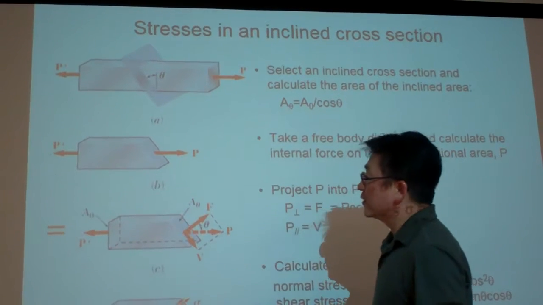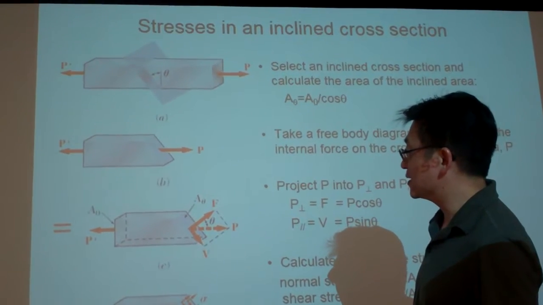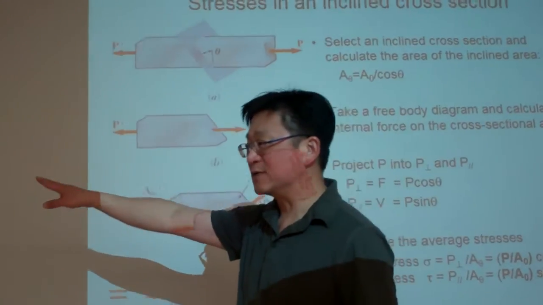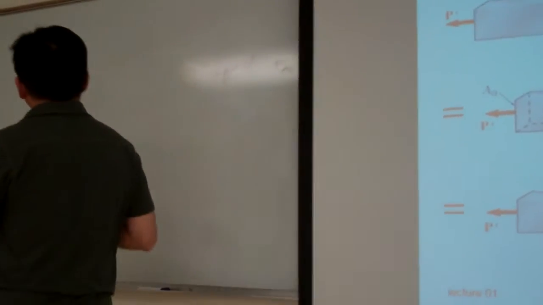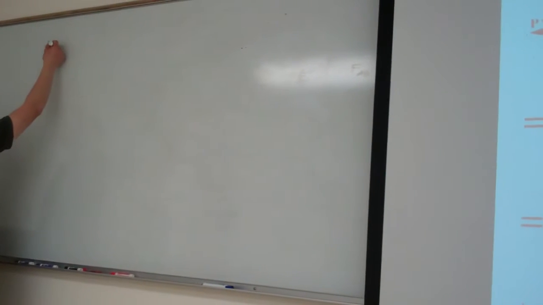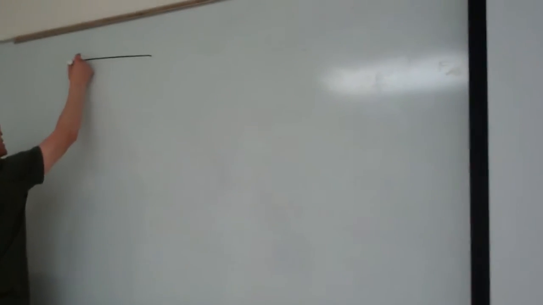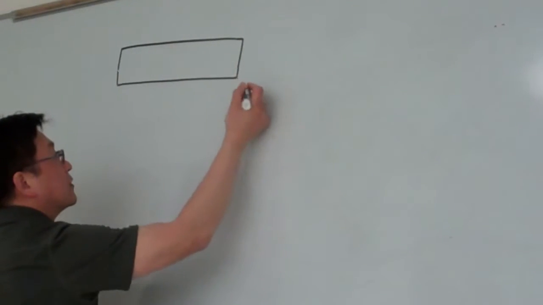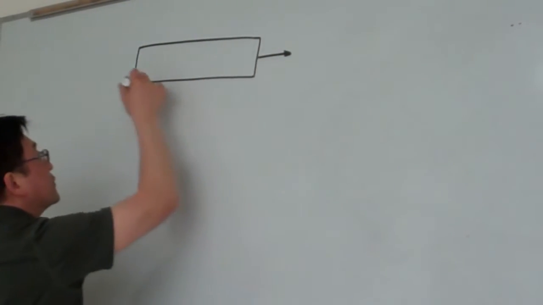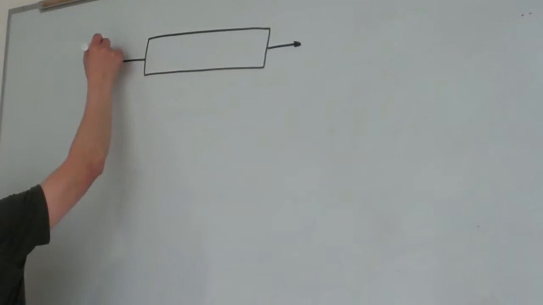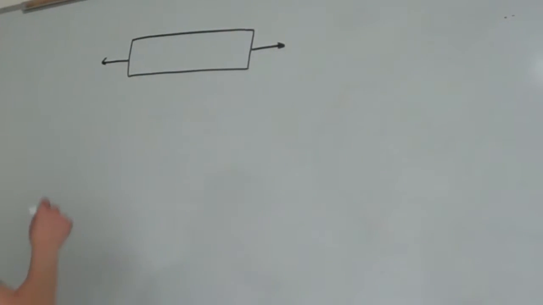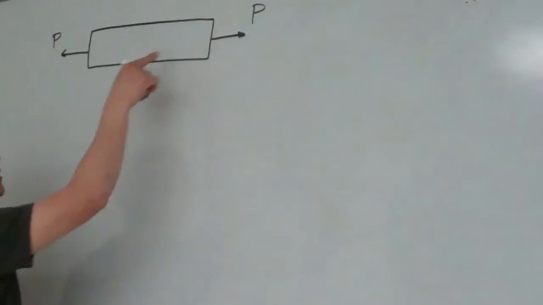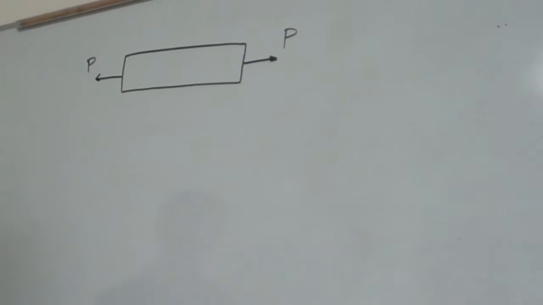So maybe the better way to demonstrate is I leave the slides here for comparison, then I will redo everything starting from here. So we consider an elastic material, and this one, again, at the two ends is under uniaxial loading, and the magnitude equals P. So in this case, it is in static equilibrium.